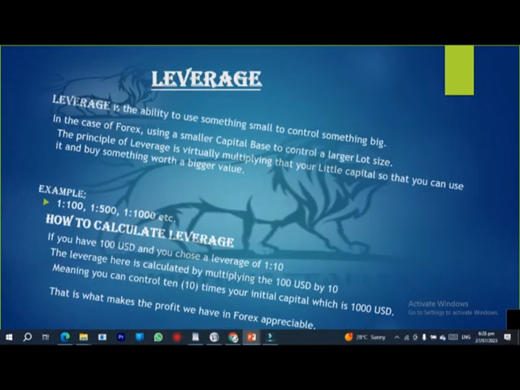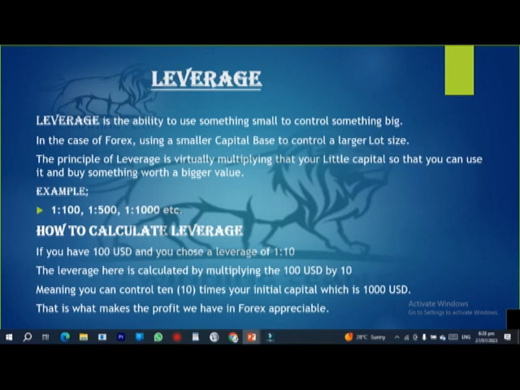Okay, so we are going to look at what leverage is. Yesterday, when I was talking about the jargons, we mentioned leverage. That was part of the jargons that I mentioned yesterday. So explaining leverage, it is just like money that your broker will lend to you.